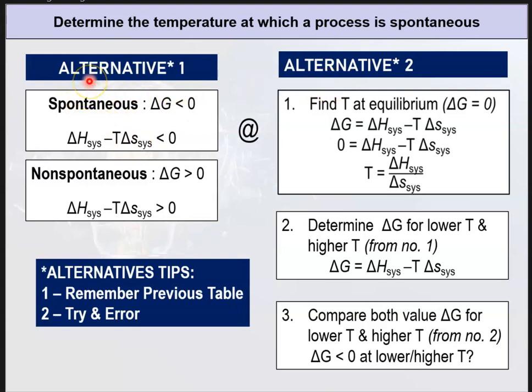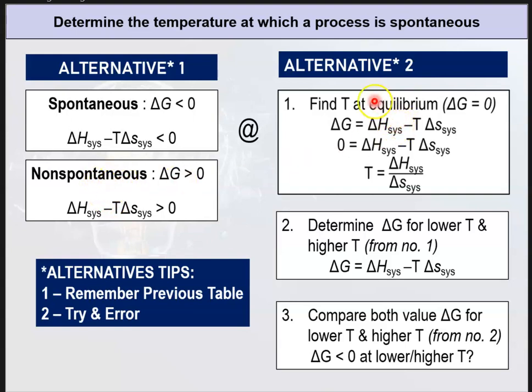Method 1, or alternative 1: for a spontaneous reaction, delta G is normally less than 0, meaning negative. So if delta H of the system minus T delta S gives you a negative value, the reaction is spontaneous. But if it gives a positive value, the reaction is non-spontaneous.